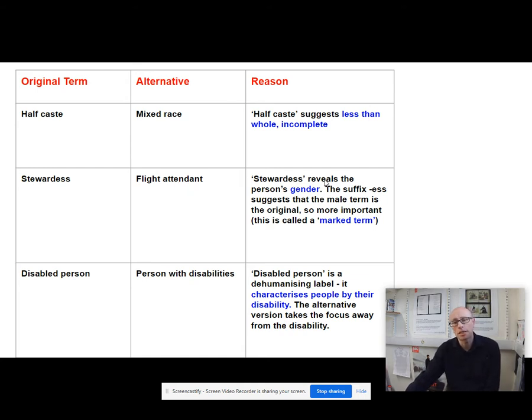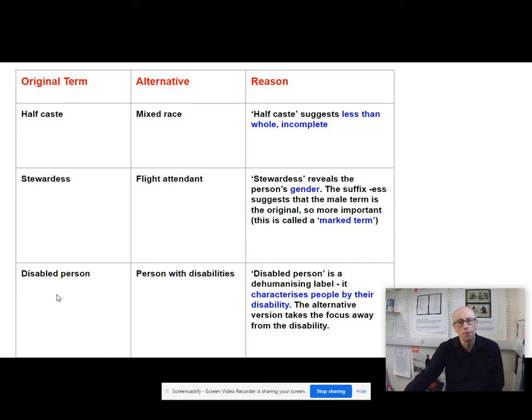Okay, so stewardess reveals the person's gender. The suffix ESS suggests that the male term is the original, so more important. So this is what's called a marked term, whereby, putting the suffix on the end there, you're marking out the gender as being a particularly important part of that job.